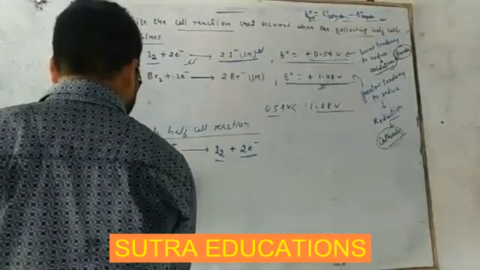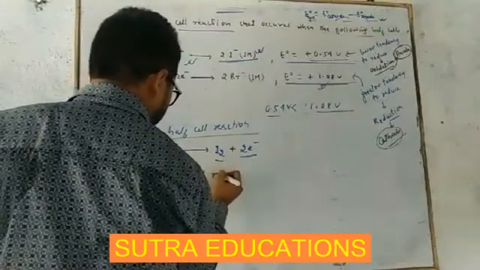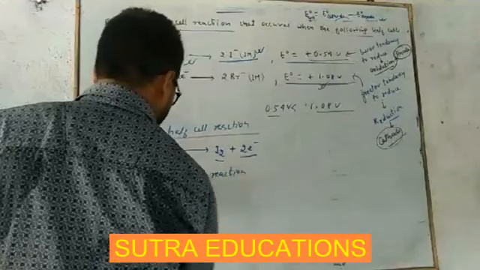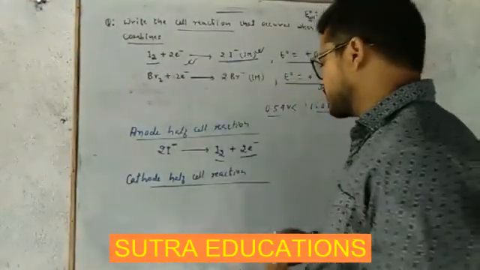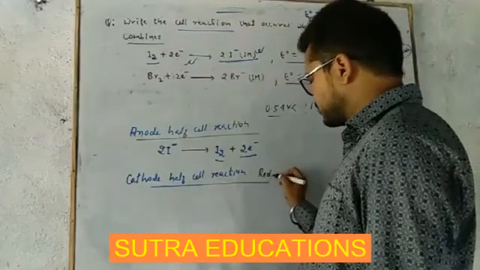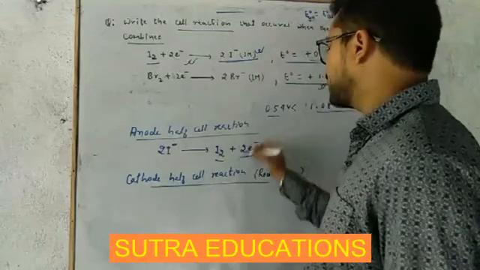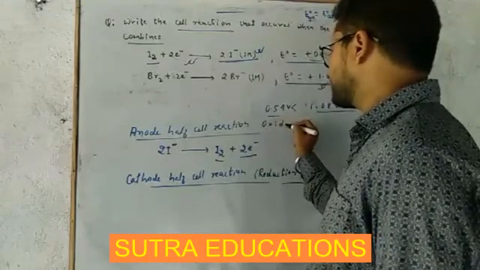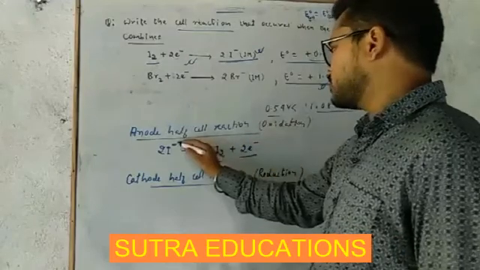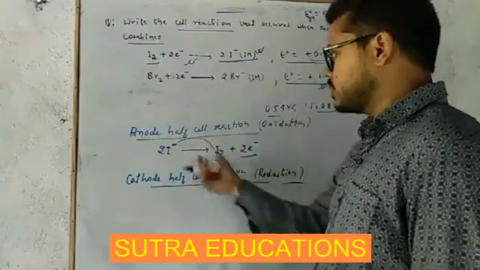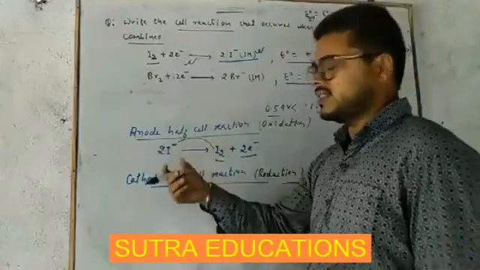Okay, and cathode half cell reaction. At cathode, what happens? At cathode, reduction takes place. At anode, oxidation takes place. So here oxidation is taking place from I minus, means negative charge to 0, means negative charge is disappearing.